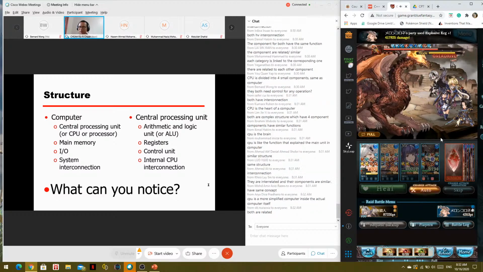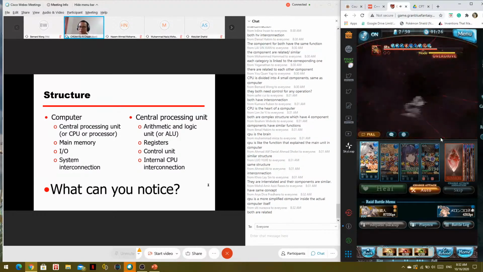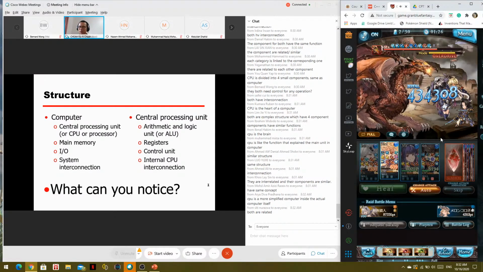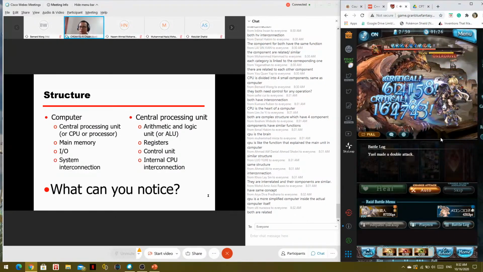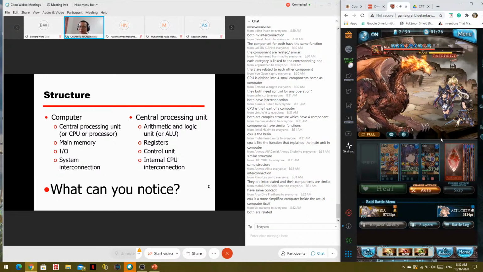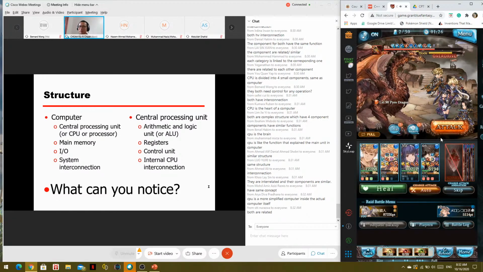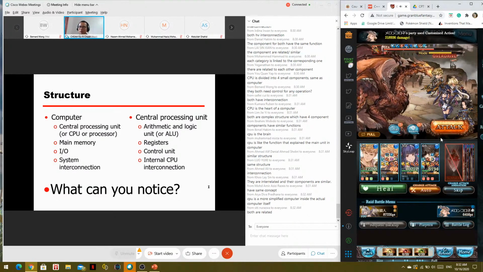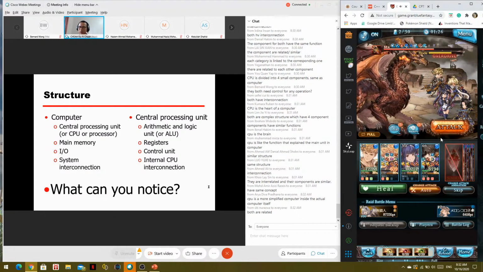ALU is different. Okay, ALU is different. Needs an interconnection. Both have interconnection. Both interconnections are kind of similar. Okay, it's kind of similar. Both have the same concept for each of the 4 components. Okay, yes, all right. All computers must contain a CPU. Okay, all right. All contain the CPU.